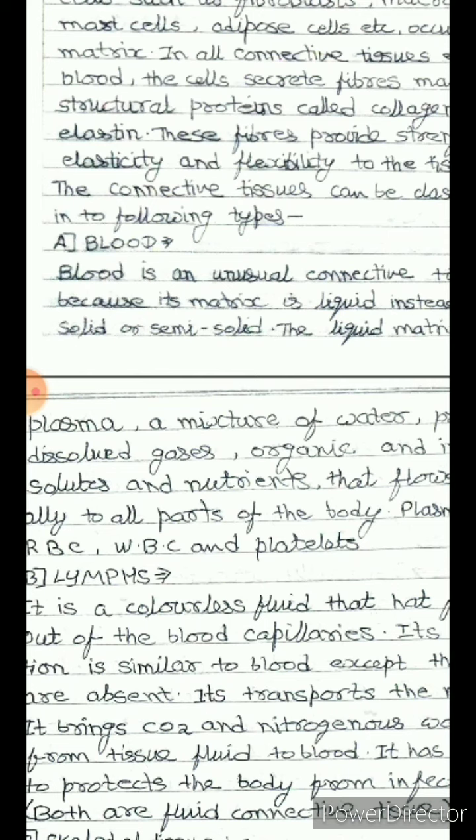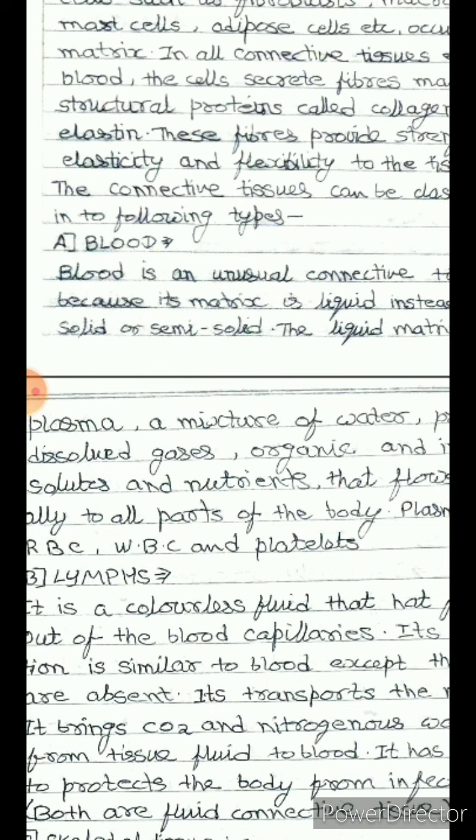Number 4. Areolar tissue. It consists of matrix, white and yellow fibers, and irregular cells.